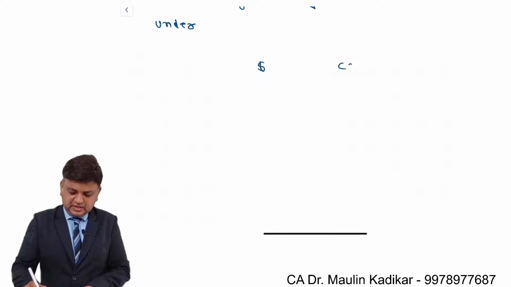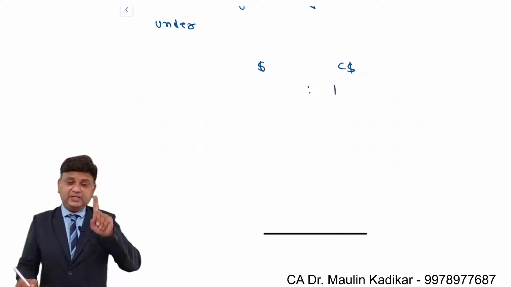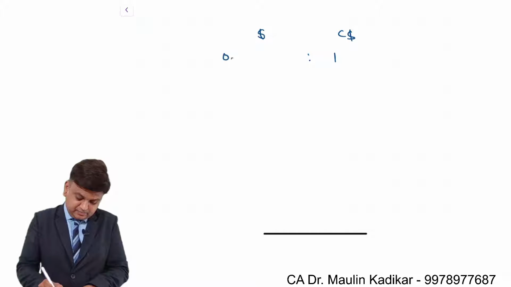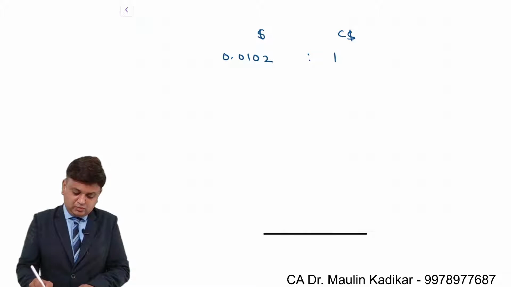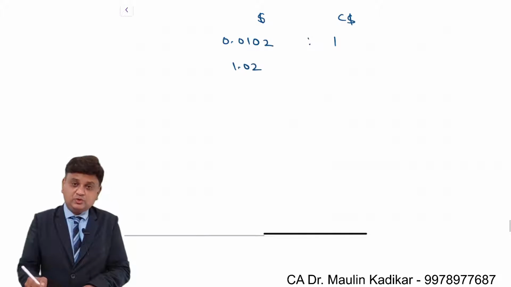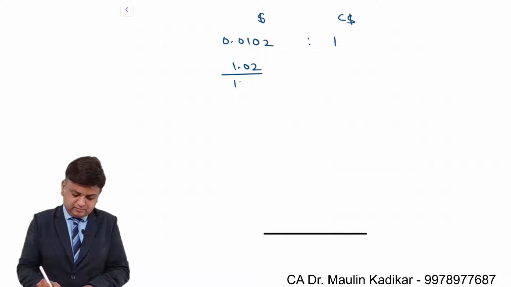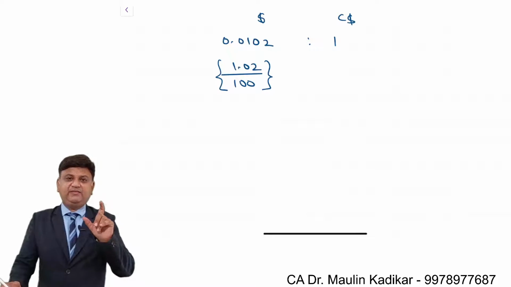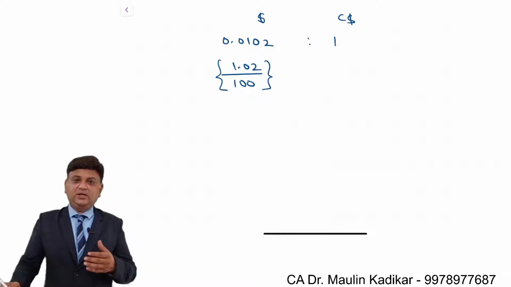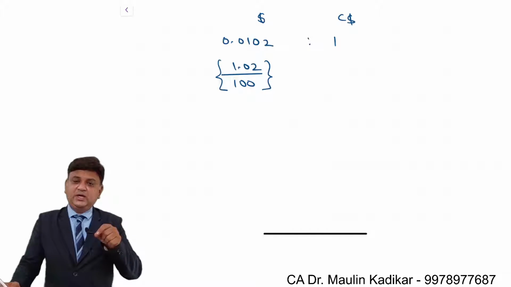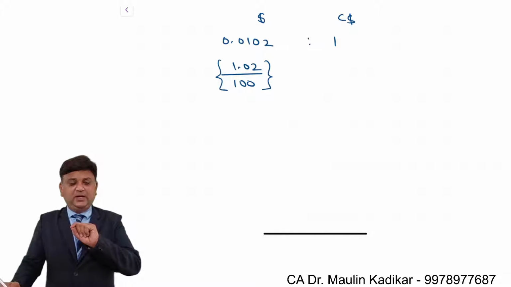Dollar per Canadian dollar. You purchase the right to purchase 1 Canadian dollar, the premium is 0.0102. That is 1.02 cent divided by 100. The way we convert 75 paise into rupees, 75 upon 100, that comes to 0.75 rupee.